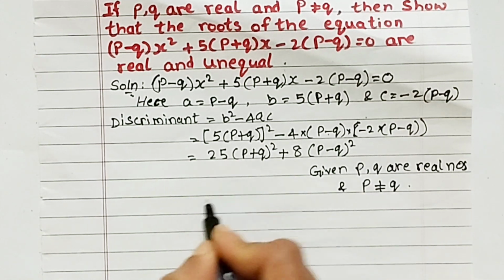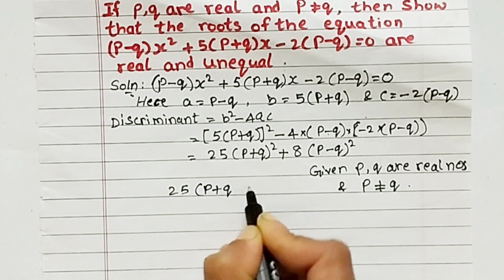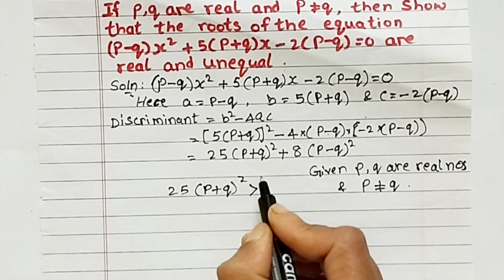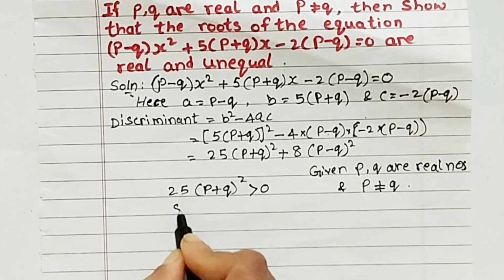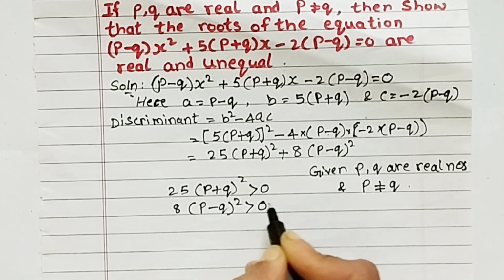So we can take 25 into p plus q whole square greater than 0. Similarly, 8 into p minus q whole square greater than 0.